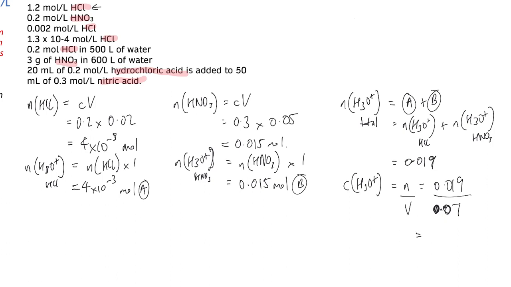Okay, that gets you 0.271 mole per liter, and then you can work out the pH by negative log of that number. Negative log 0.271, which equals 0.566 as the pH.